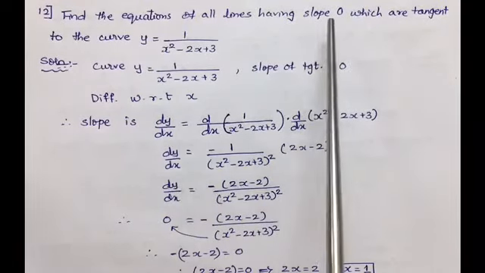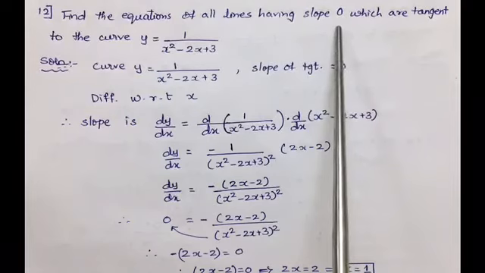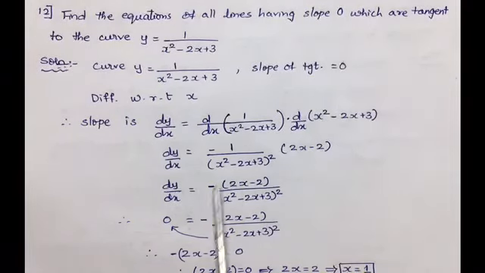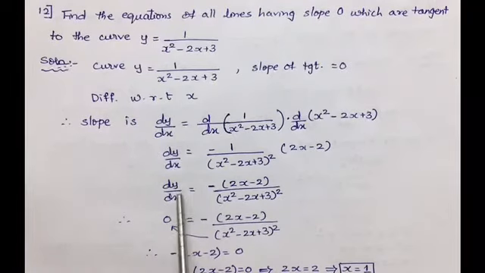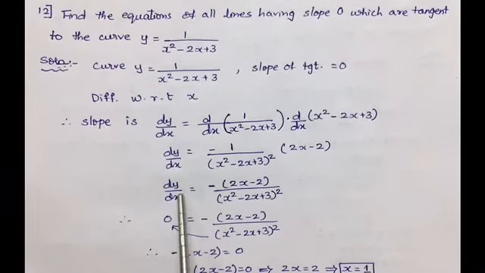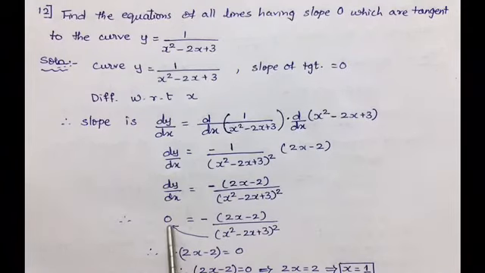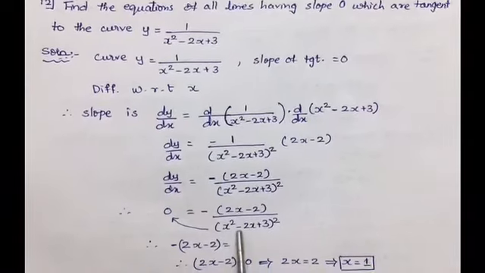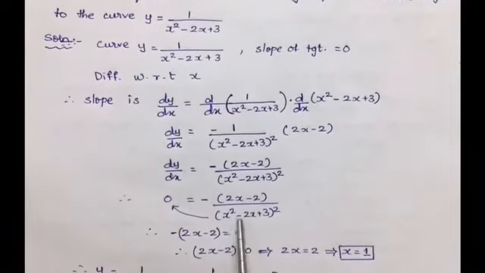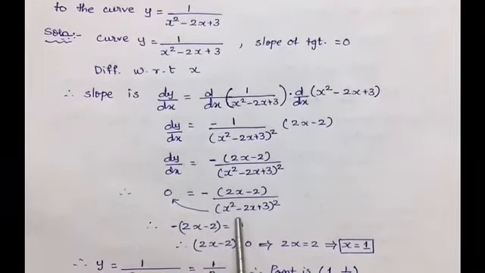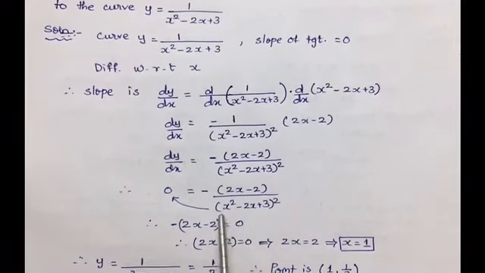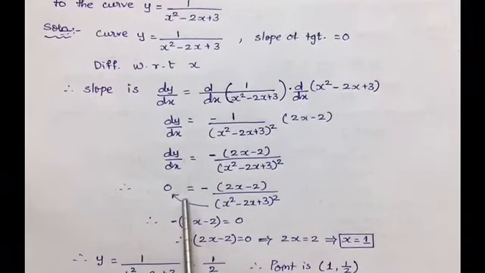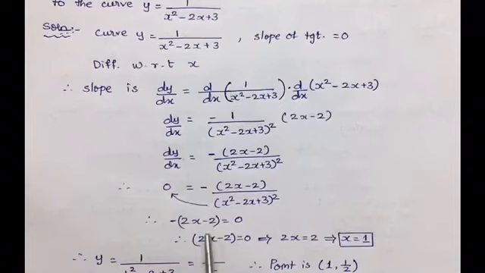Now in the question it is already given slope is 0. So keeping the value of dy by dx as 0, because it is also slope of tangent. So putting dy by dx as 0 and simplifying it, this whole term is taken to the other side, it gives us 0.